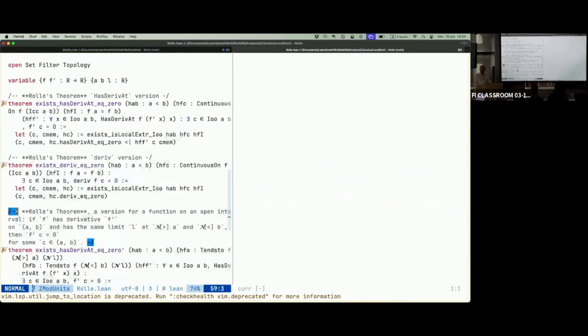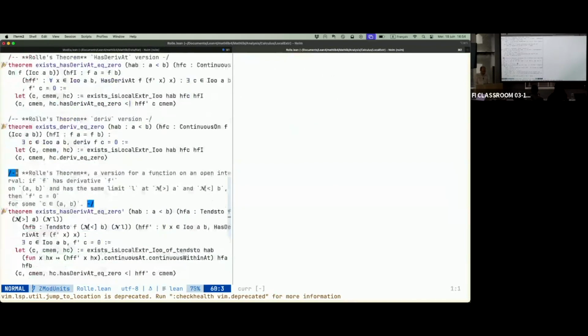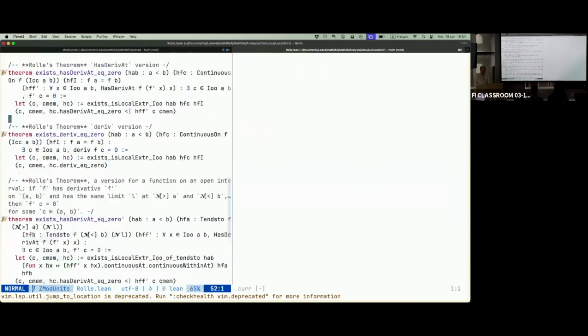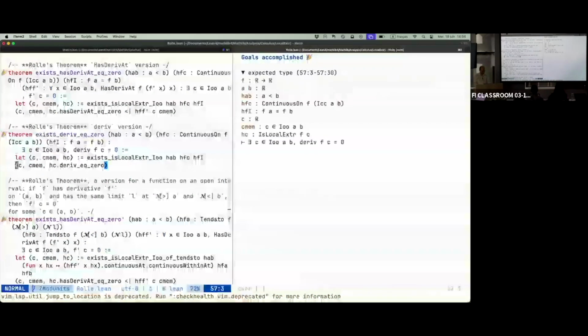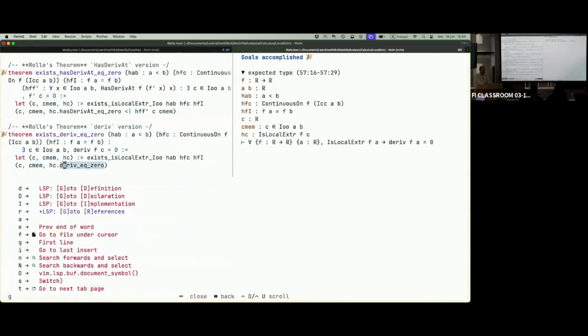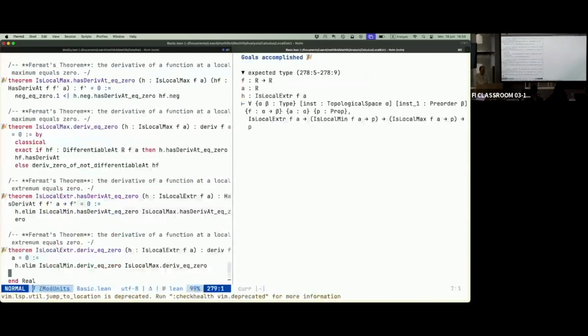So you have Rolle's theorem. And then we could go back to the proof. They redo the proof, and you see that it says there is a local extremum, and again the statement is in terms of the derivative. We have to look at a local minimum.